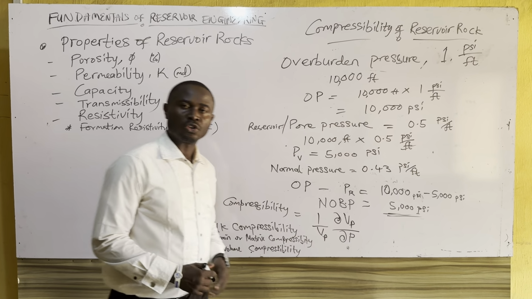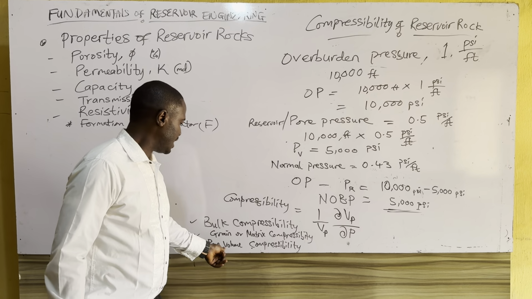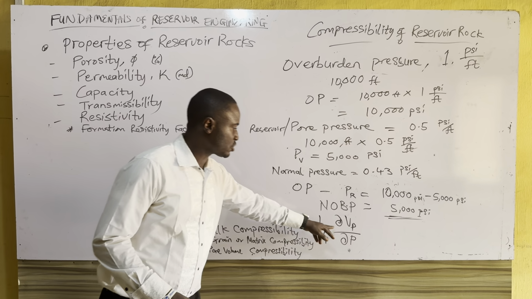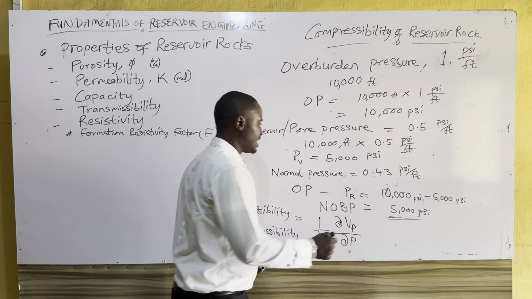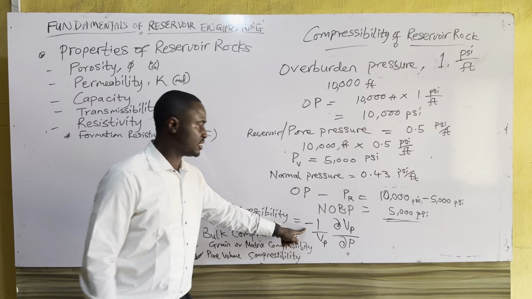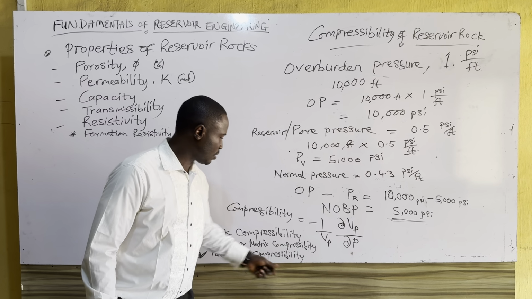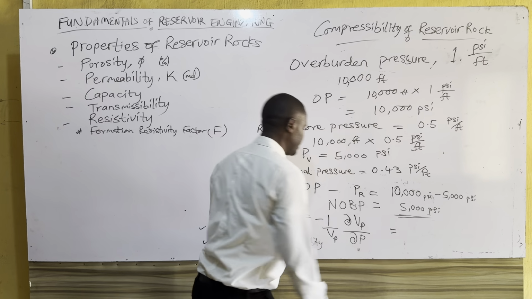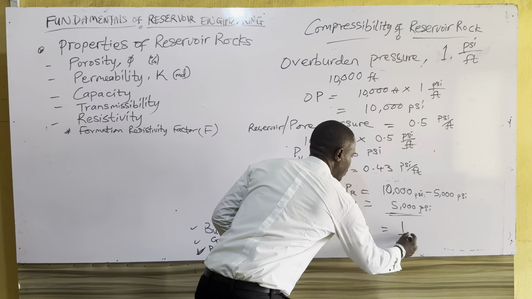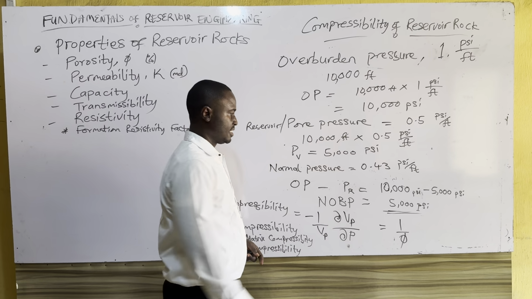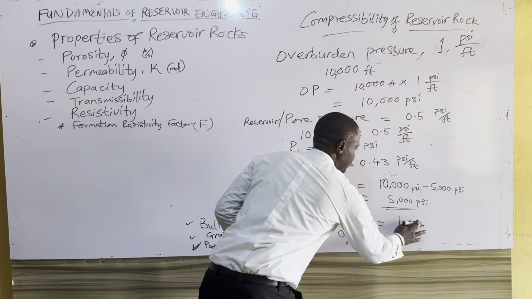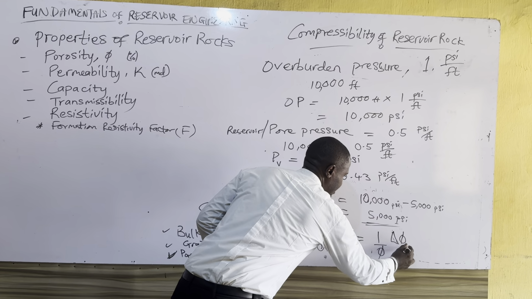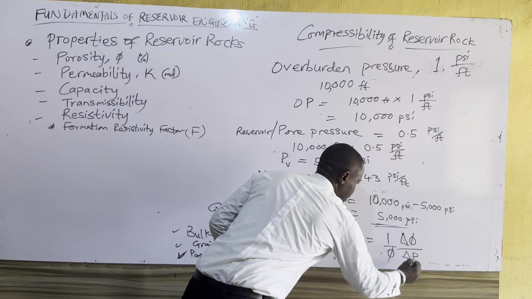Now, because the pore volume is directly connected to the porosity of the rock, we can substitute the pore volume with porosity, with a negative sign. Okay, so if we consider it in terms of the porosity of the rock, this equation becomes 1 over porosity, times the rate of change of porosity over the rate of change of pressure.